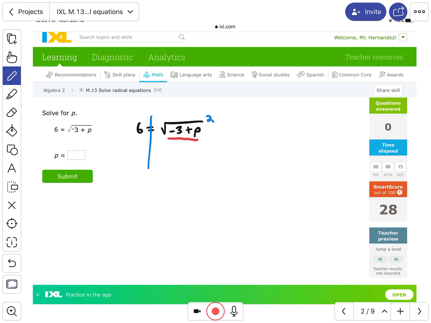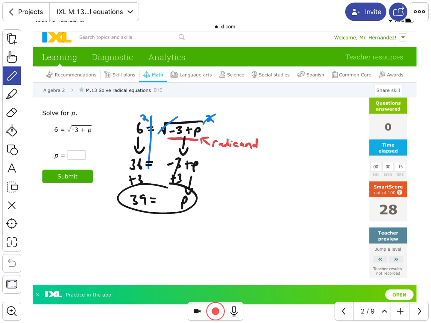So you could go ahead and square both sides, and that square and square root will cancel out, and you'll be left with this radicand, which is all of this stuff under the radical. So all this stuff is called the radicand. Okay, so 6 squared is 36, and then now you could pretty much solve this like a standard equation, and you'll get 39 here.